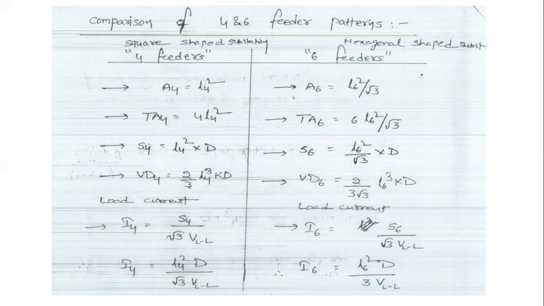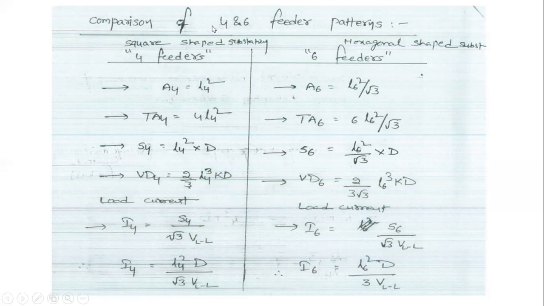In that, the comparisons are the area for the single feeder, the total area for 4 feeders, the total area for 6 feeders, the power or kVA rating for 4 feeders and for 6 feeders, the voltage drop for total 4 feeders and for total 6 feeders, and the currents. All of that will be compared for the 4 and 6 feeders.